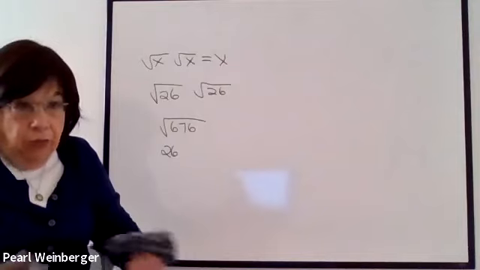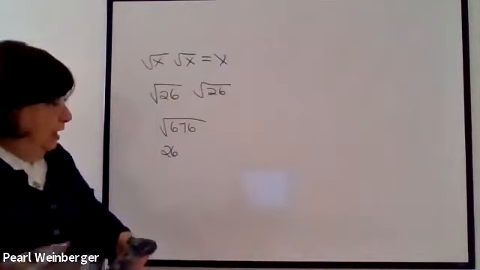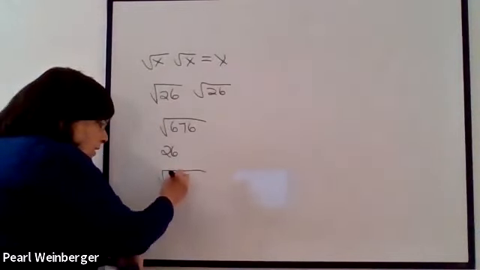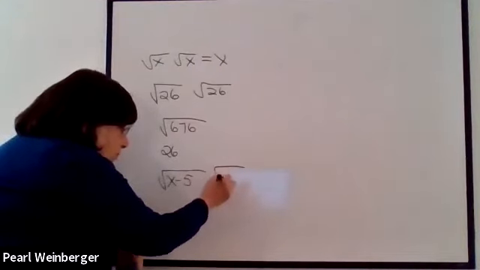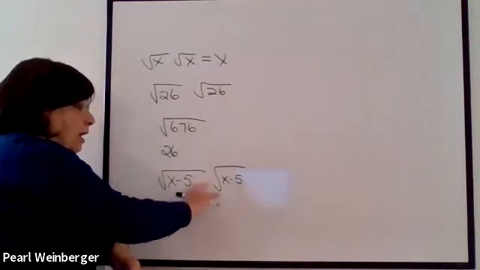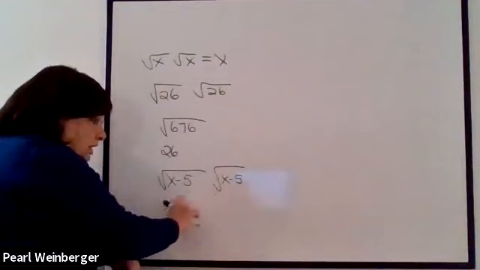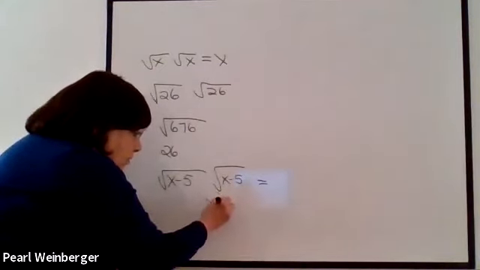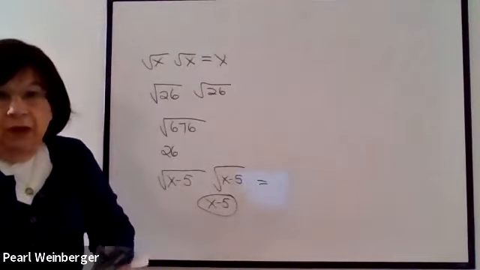And I'm going to use this fact a lot. Anytime I'm going to end up multiplying the square root of a number by itself, even if it's something like the square root of x minus 5 times the square root of x minus 5, if these two are identical, then my answer is just what's inside the radical, the x minus 5.